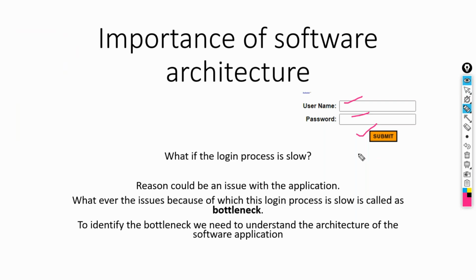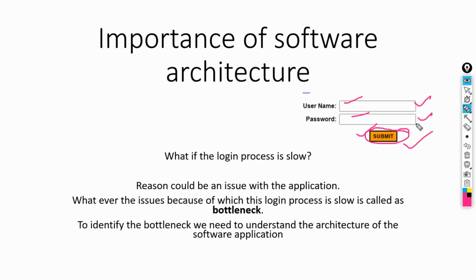Now, as a performance tester, we need to know what exactly is happening when I enter username and password and click on submit. What action is getting performed in the backend? Which request is being sent, and to which component? Why is it taking 30 seconds, 40 seconds? If you want to know what exactly is happening in the backend, you need to understand the project architecture.